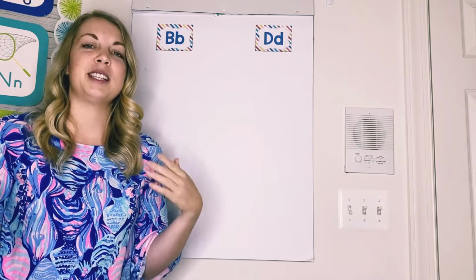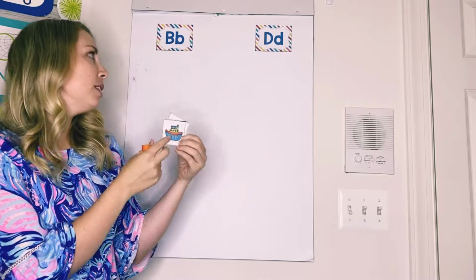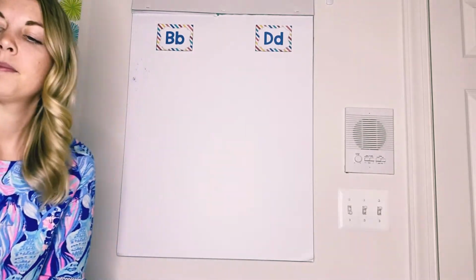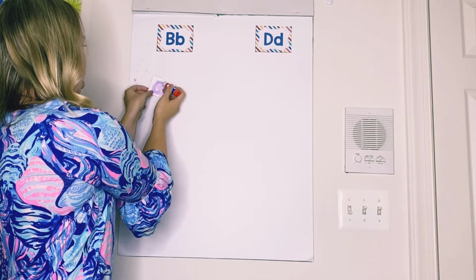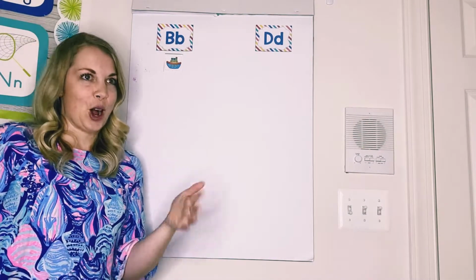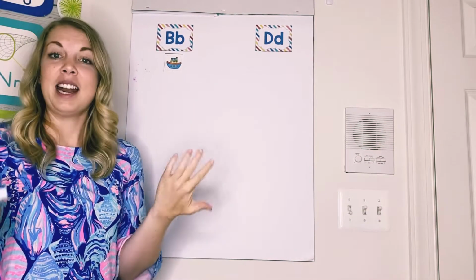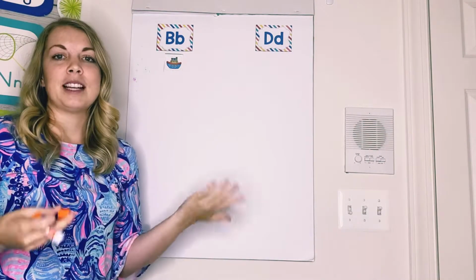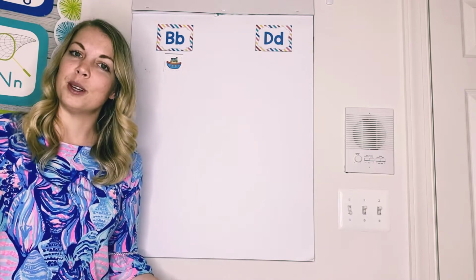Or you can have the students come up, pull a card out of the basket, say boat, and then you let them glue it on. This would be kind of like an interactive anchor chart that you could do with your students. That way you don't have to try to draw each picture. You can practice spelling the words phonetically or using the sounds to spell the words. But that's just another easy way that you can use the pictures that come with the picture sort.